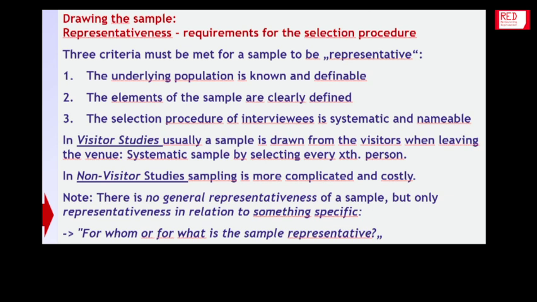They have algorithms that select interviewees from their data files, and they can give it to the research institute. Whether you get this service from this registration office or not is different. It depends.